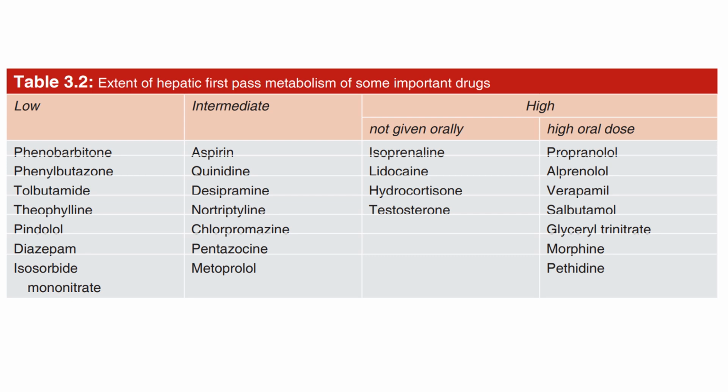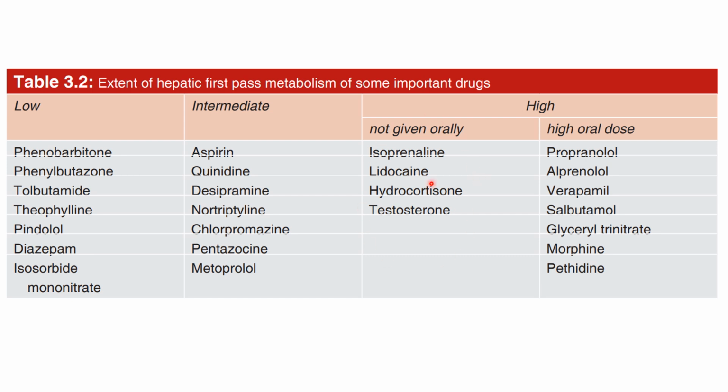These are examples of drugs which have high first pass metabolism, intermediate first pass metabolism, and low first pass metabolism. Whenever there is high first pass metabolism, usually the drugs need a much higher oral dose in order to compensate for that, or sometimes the oral route of administration is not possible with certain drugs because of their very high first pass metabolism.